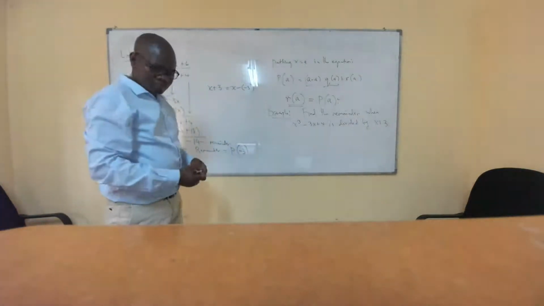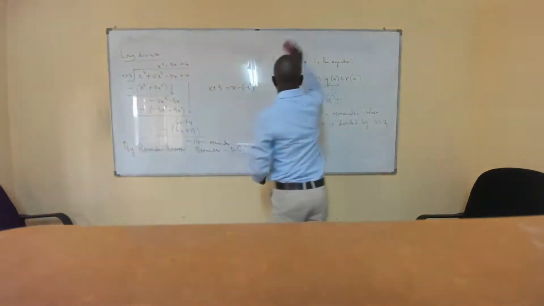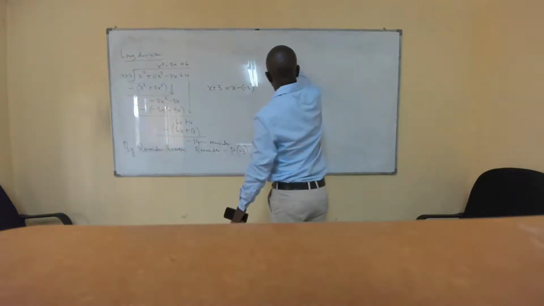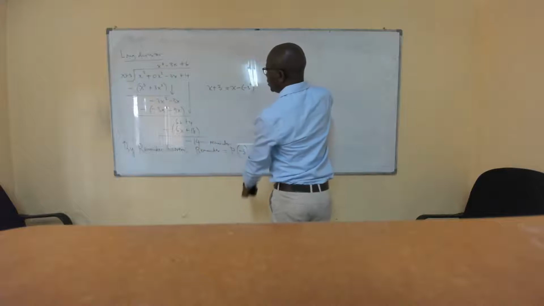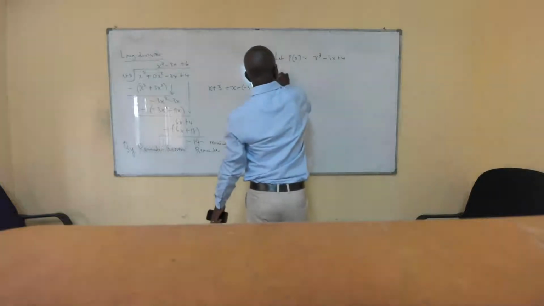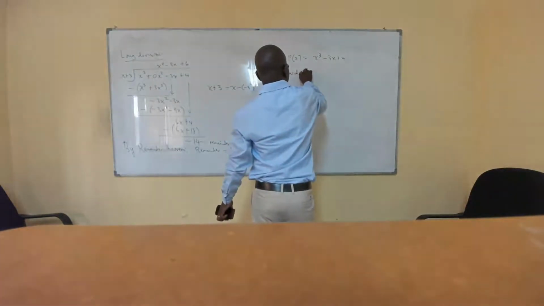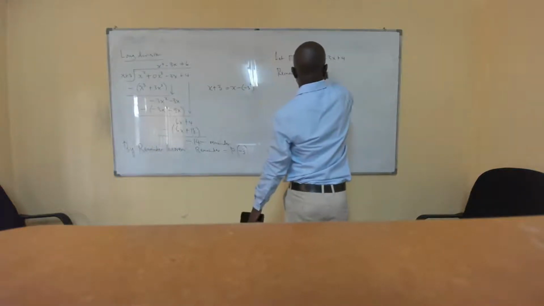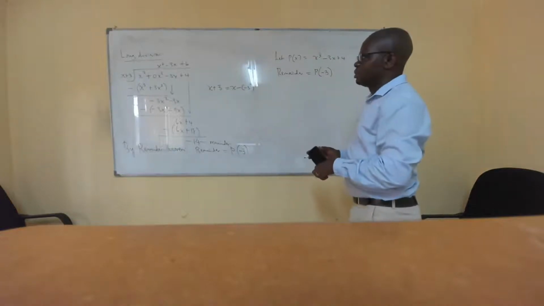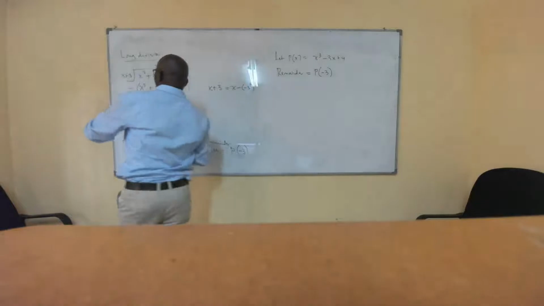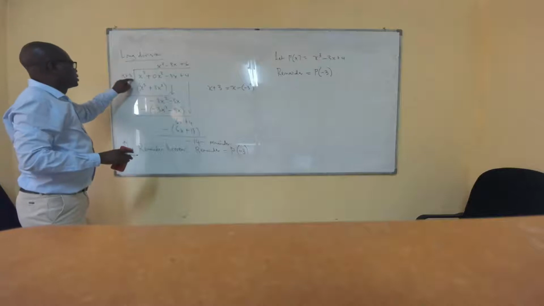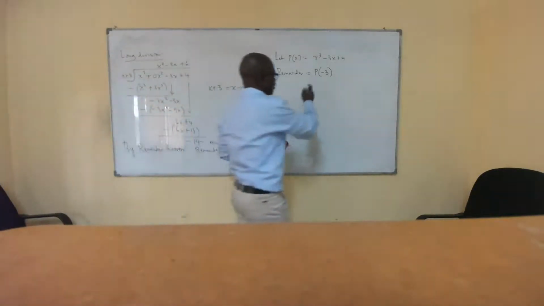That's what it is saying. So let P of x be what is given, x to the power 3 minus 3x plus 4. Your remainder, according to the remainder theorem, is supposed to be P evaluated at minus 3 because you have x plus 3. You have to use the point which makes this equal to 0. So it's minus 3.